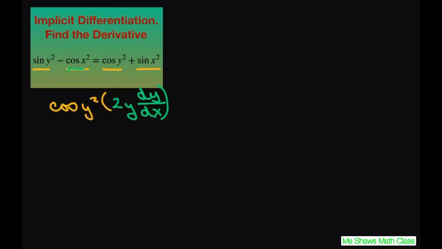So the derivative of cosine x squared is negative sine. So this is going to be positive sine x squared times the derivative of the inner function, which is 2x, times, and we have x here, so it's derivative x divided by derivative of x.